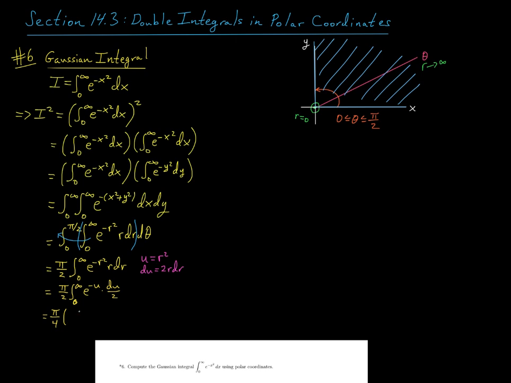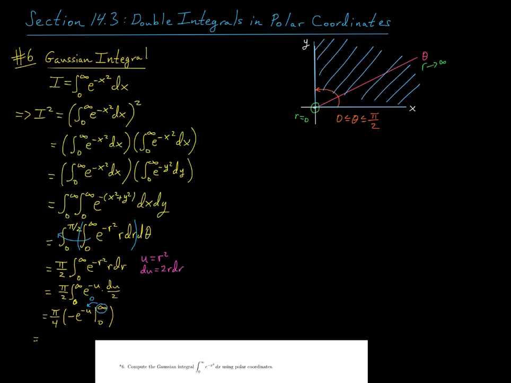And then the integral of e to the minus u would be minus e to the minus u, and we're going from 0 to infinity. And now if I take the limit of e to the minus u as we let u approach infinity, that's going to give us 0. And if I plug in 0, I'm going to get a minus 1.